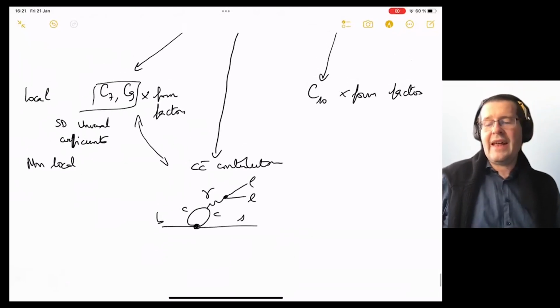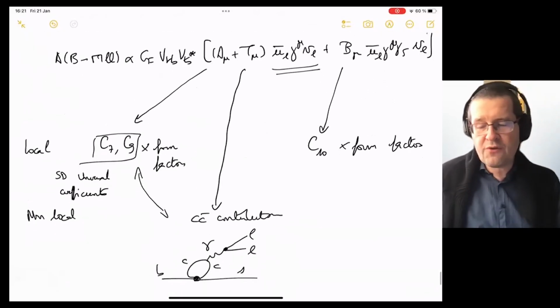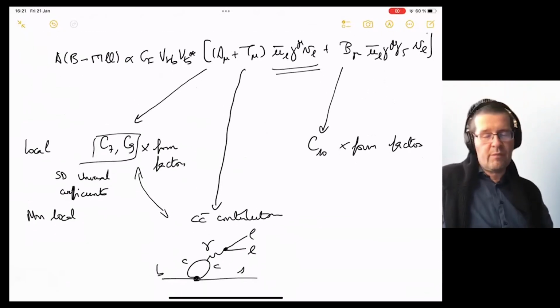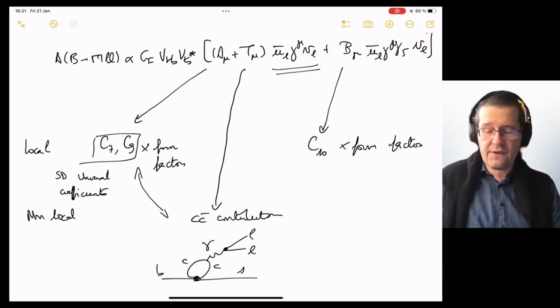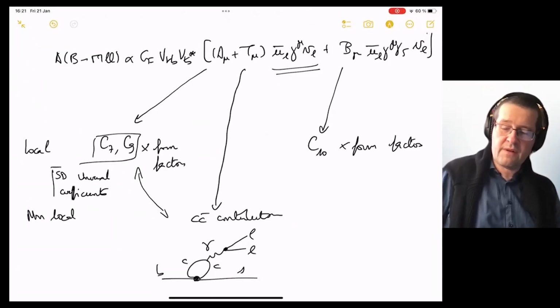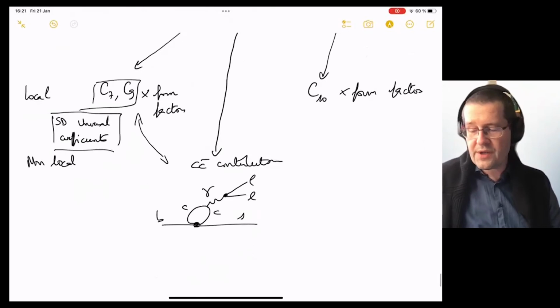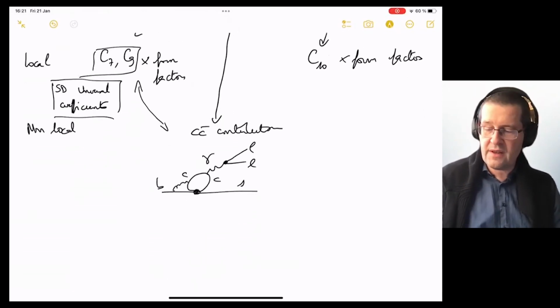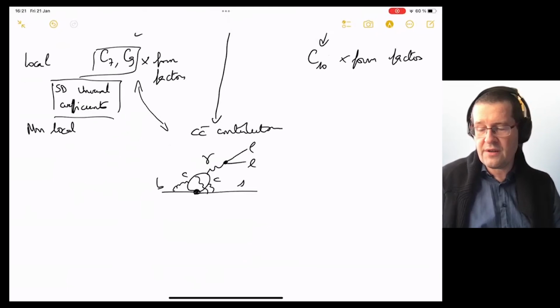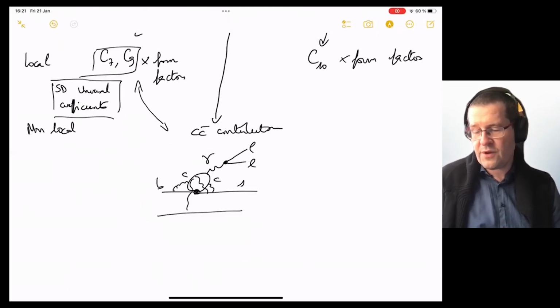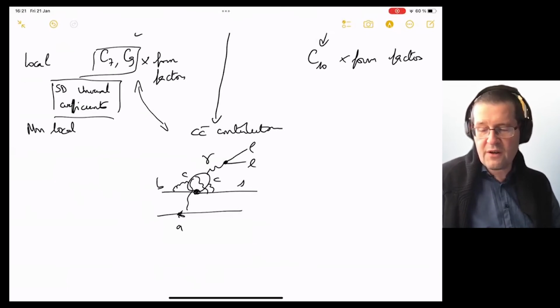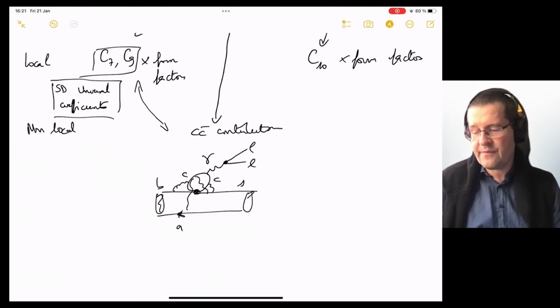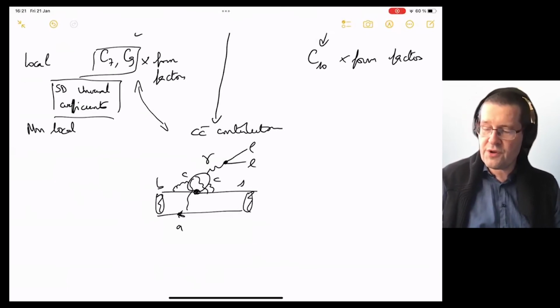If you're looking at any kind of B to S LL transition, whether it's B to K LL, B to K star LL, and so on, that will still be the same coefficients involved all the time. Whereas here, this term, the c c-bar contribution, you see that actually most of its danger or interest, that depends what you want to say, comes from the fact that it can interact. There are gluons that can be exchanged here, meaning that this kind of contribution is going to be q-squared dependent.